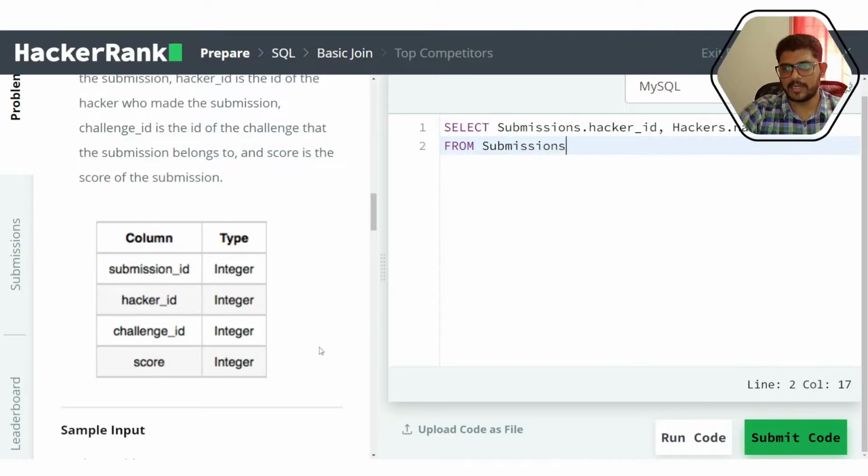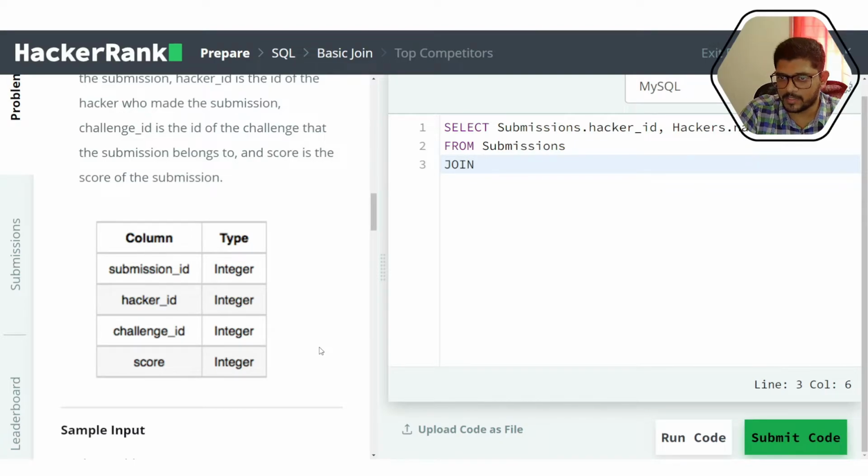So that is when you know that you will have to join the other tables. Only then you will get the complete picture, right? So submissions is like the main table to which we are joining. I'm using the default join, the inner join, because that makes sense. We wouldn't want to have any column empty, right? So we'll go with the basic default join, inner join. So we are joining what?